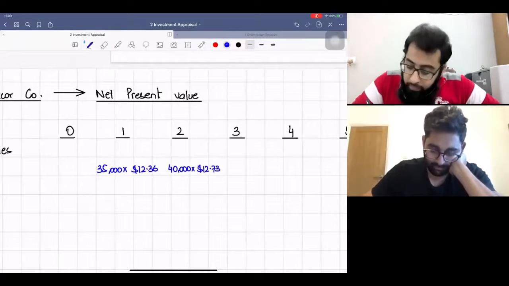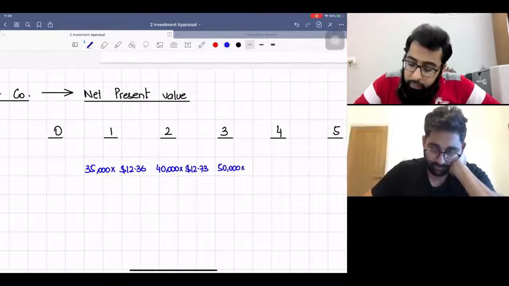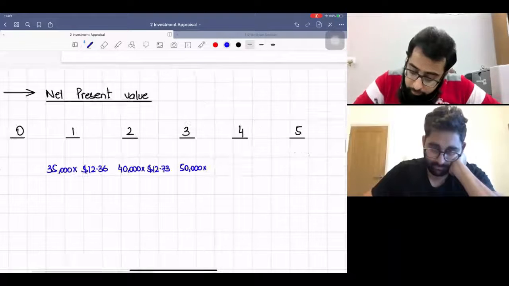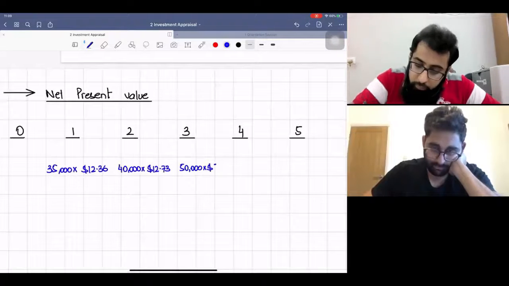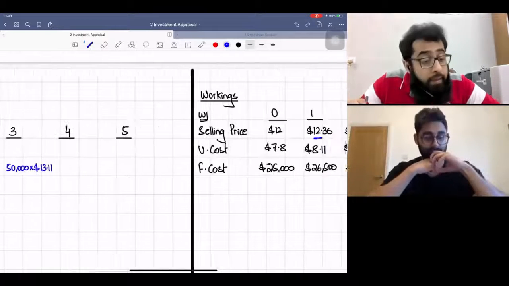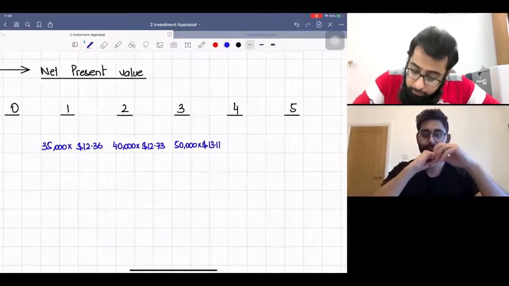Then 50,000 units and your selling price is 13.11. In year 4 it is 25,000 units multiplied by 13.51.